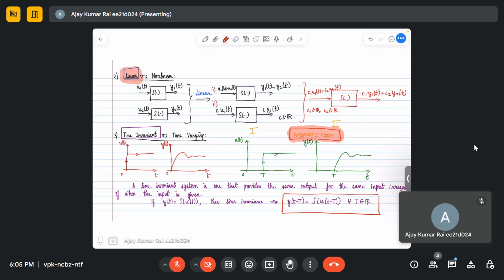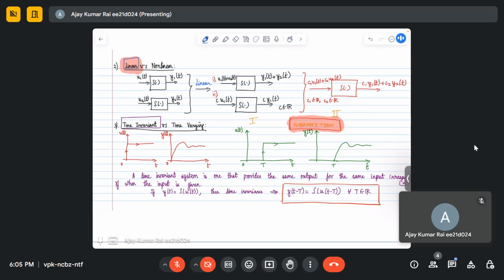If you see here, basically two principles are followed: additivity, and second, scaling. Here they have been combined together. If you combine two inputs, the output should be the combination of the outputs.